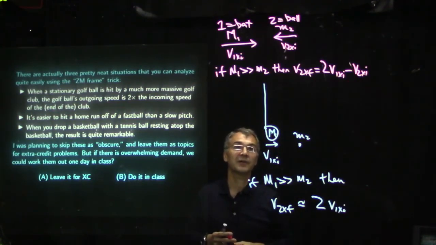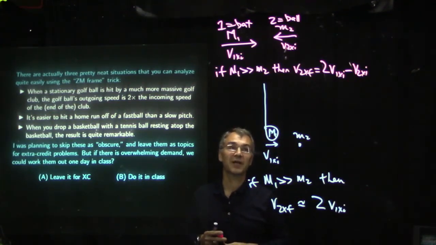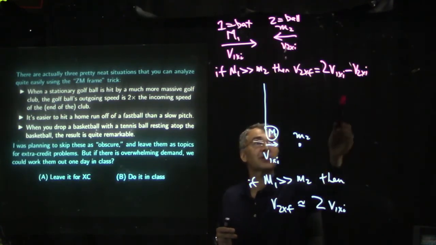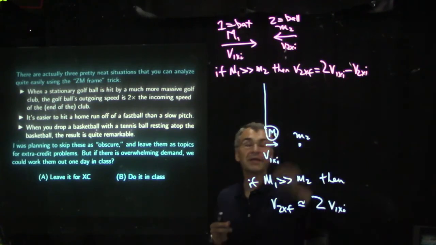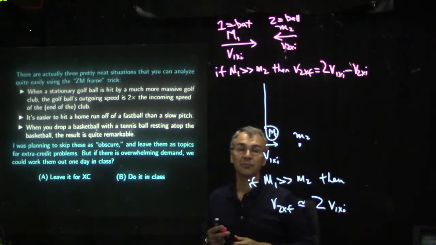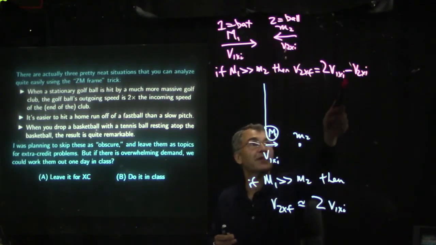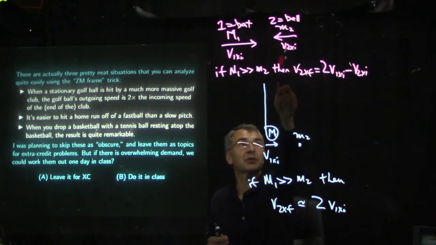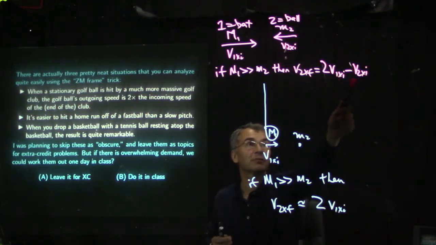So it turns out it's easier to hit a home run off of a fastball than it is off of a slow pitch, because the speed of the pitch gets added into the speed of the ball coming off of the bat. See, this minus sign just says change direction. So the ball's initially going from the pitcher toward the batter.